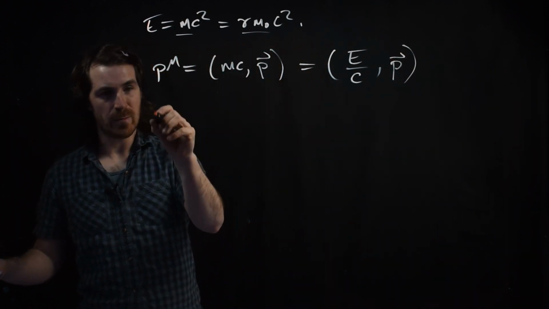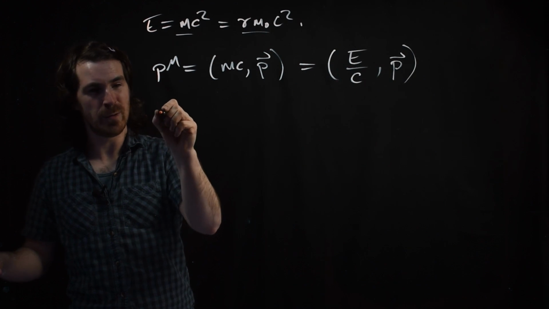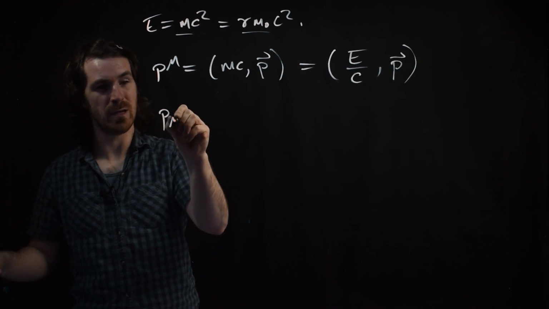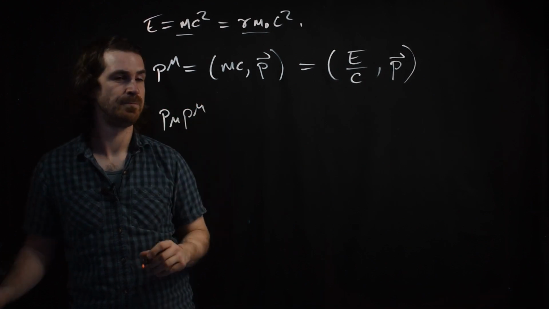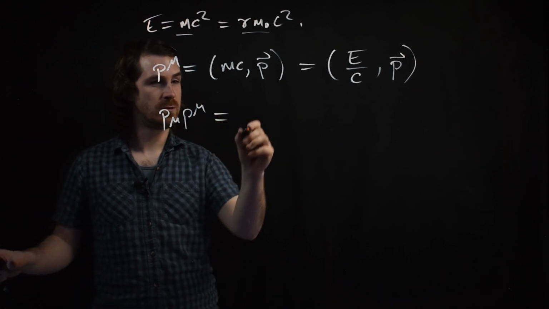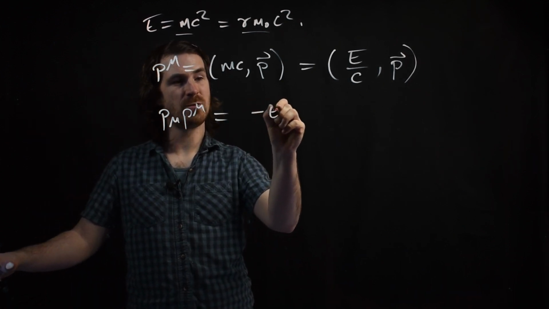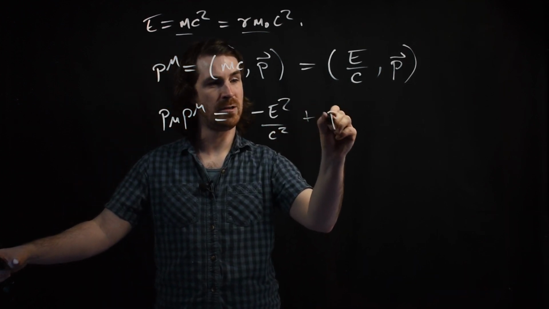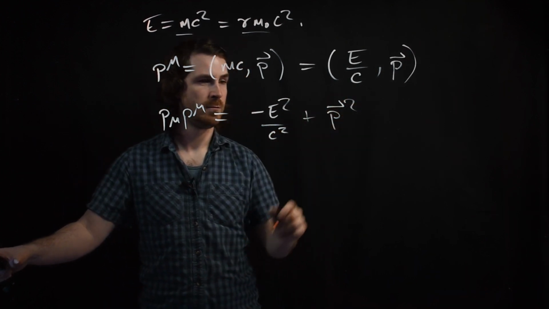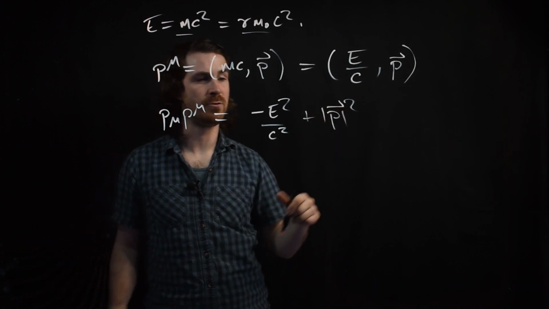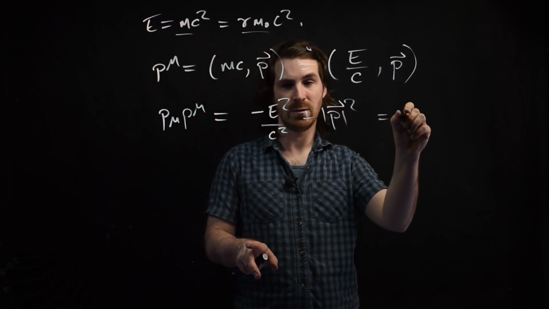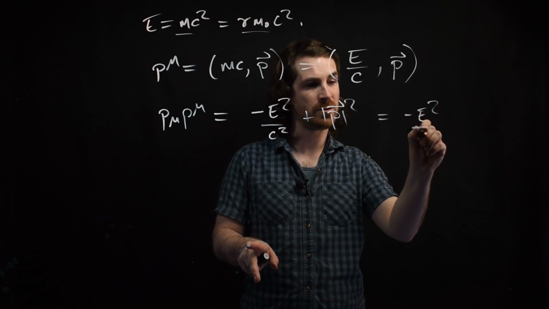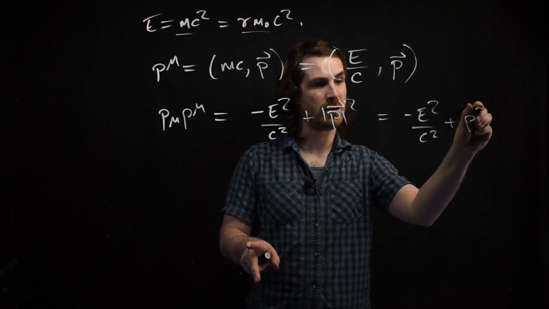Okay, so let's think about the length of our four-momentum. It's the inner product of p mu with itself, and this equals minus E squared over c squared plus p squared, where p is the modulus of the three-vector momentum.